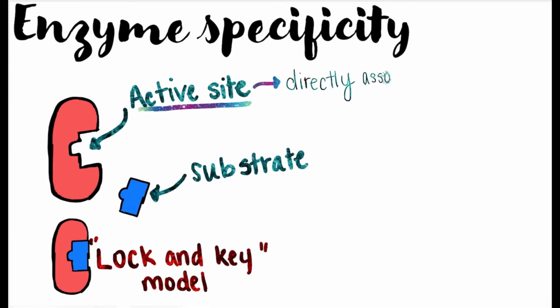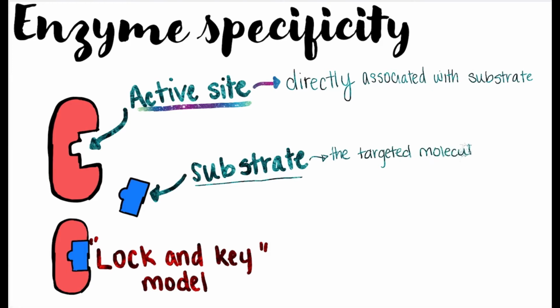It means that your active site is directly linked to the substrate that's going to match it. Substrates are your target molecules, the targeted molecule that your enzyme is going to work on. And these substrates are converted into products by the enzymes.